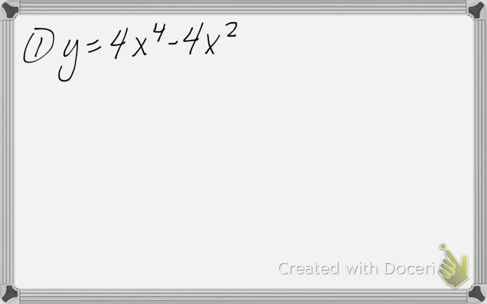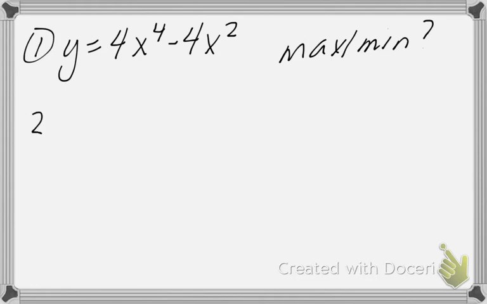Okay, change colors for the last time. I'll do black. So here's question 1 from the homework. If y equals 4x to the 4th minus 4x squared, you need to find all the maxes and mins. It's a multiple choice question, so make sure that you actually look at the sheet that's on Pupil Path.